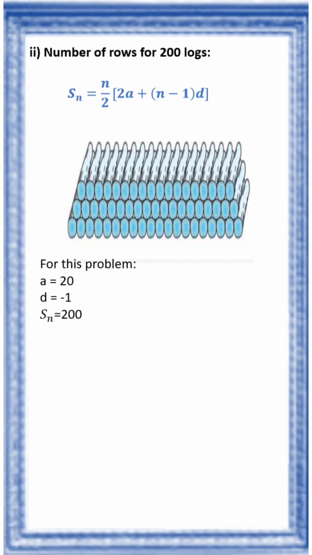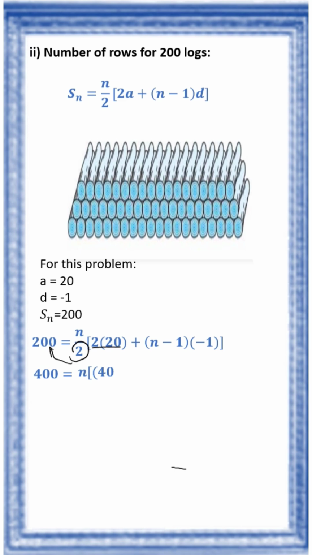Now let us substitute the values in the formula. Instead of Sn, 200; n we don't know, we have to find out. a is 20, common difference is negative of 1. Now let us bring 2 to here. Then 2 into 200, what is it? 400. Here 2 into 20, n into 40.